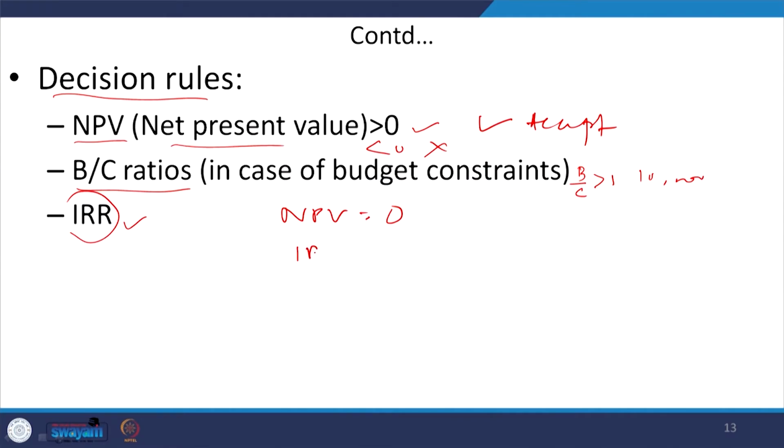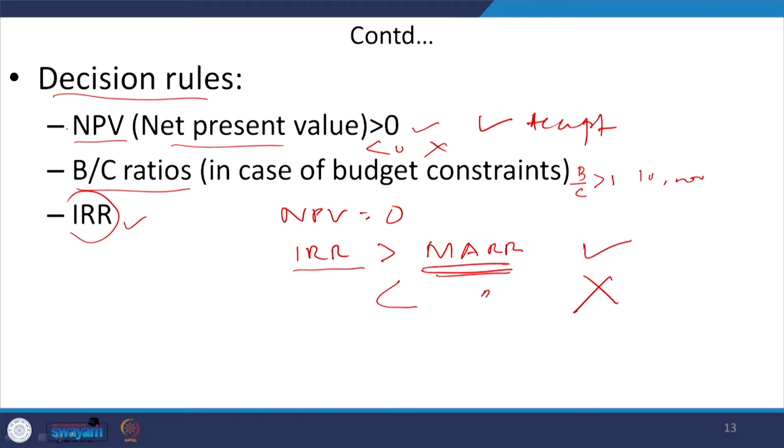If IRR is greater than the minimum acceptable rate of return, which is the minimum beyond which this particular project is not feasible, then the project should be accepted or approved, and if it is less than this MARR, then obviously the project or the policy should be rejected.